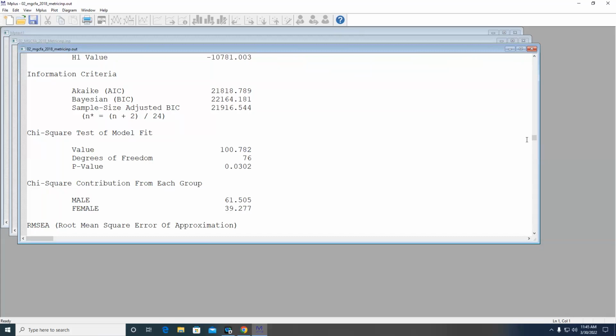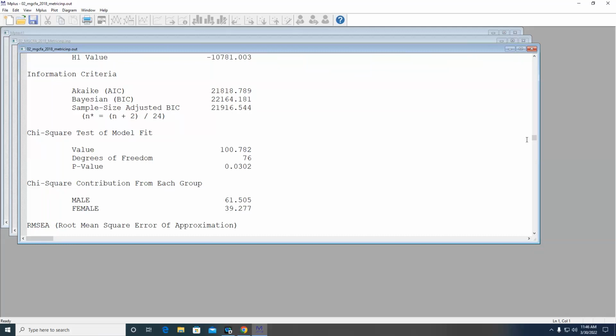And the chi-square difference here is less than 12.592, which means that the fit of the metric invariance model is not statistically significantly worse than the fit of the configural model, which means I can make these constraints, right? I made these 6 constraints and my chi-square didn't go up by that much. So I'm good. So yay, metric model. So I favor the metric model here. Does that make sense to everybody?